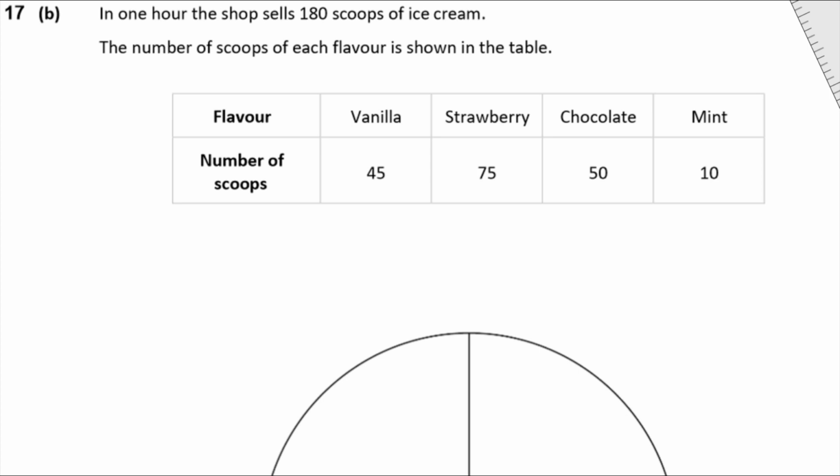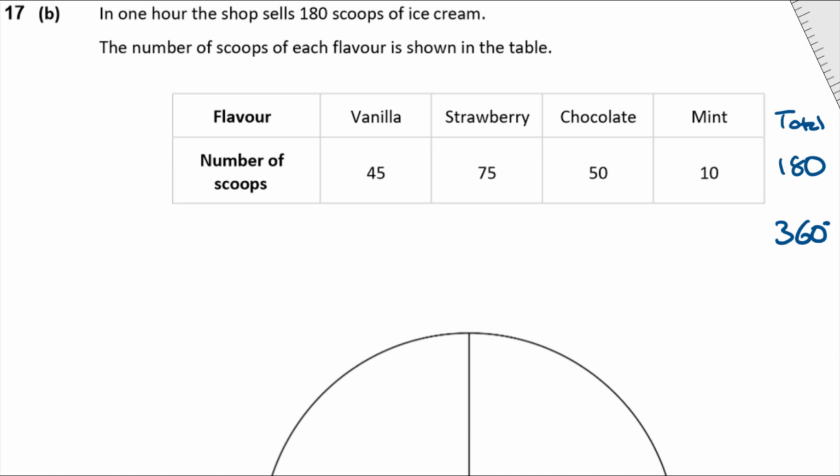Now, we've already been told what the total was. The total number of scoops was 180, wasn't it? Okay, so 45 plus 75 plus 50 plus 10, that's 180. Now what we want to do is take those number of scoops and turn them into the number of degrees that we need to draw on the pie chart to represent them. Now in a full turn, you've got 360 degrees, haven't you?